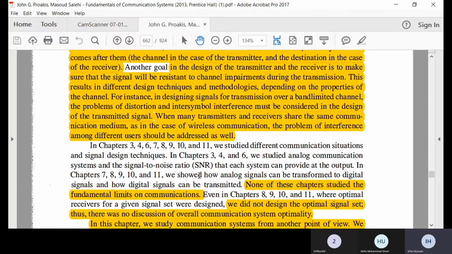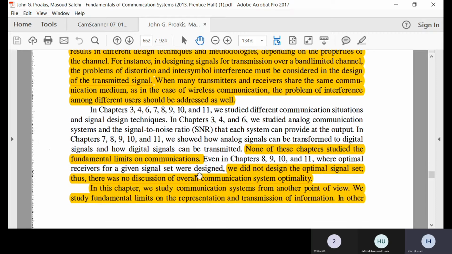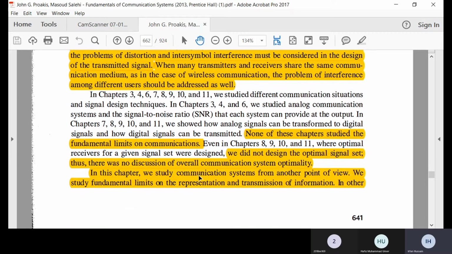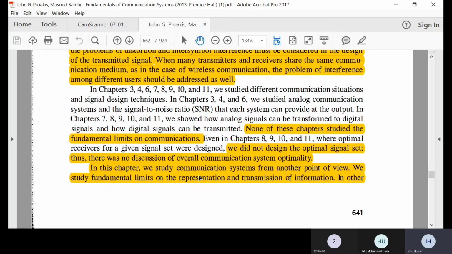Then again, for example, in wireless communication, when many mobiles are communicating over the same channels, you also have the problem of interference. So in the previous chapters, we were discussing communication and signal design techniques, and the first few chapters were for analog signals, and the rest of the chapters were for digital.